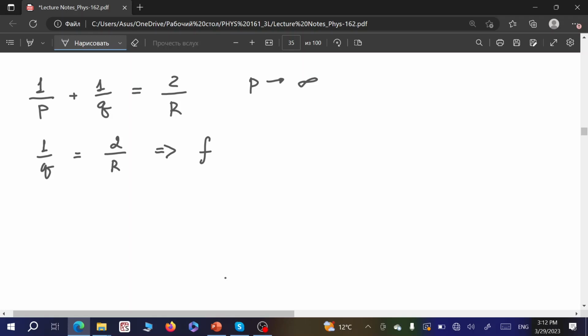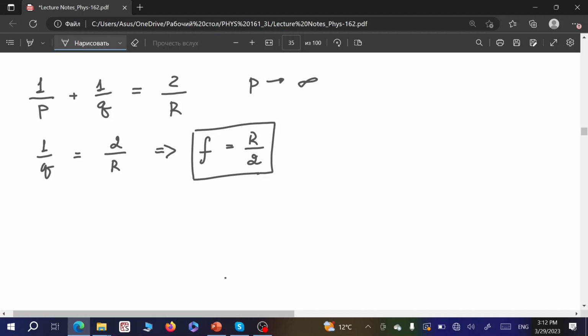F will be equal to R over 2. So this is the expression for the focal distance of a spherical mirror. It's twice smaller than the radius of the curvature.